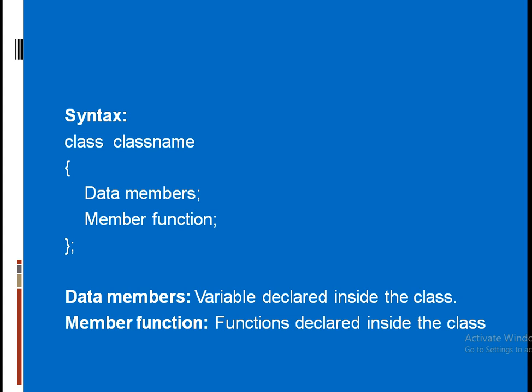The basic syntax for a class is we have to use a keyword called class followed by the class name, and inside the class we can have data members as well as member functions, and we have to close the class with the help of a semicolon.